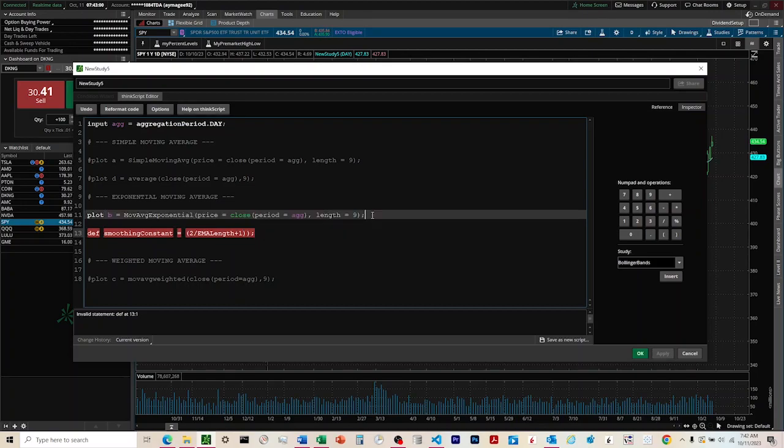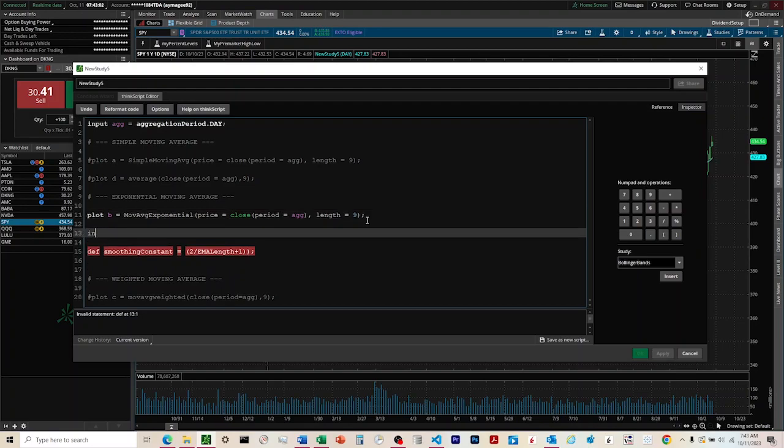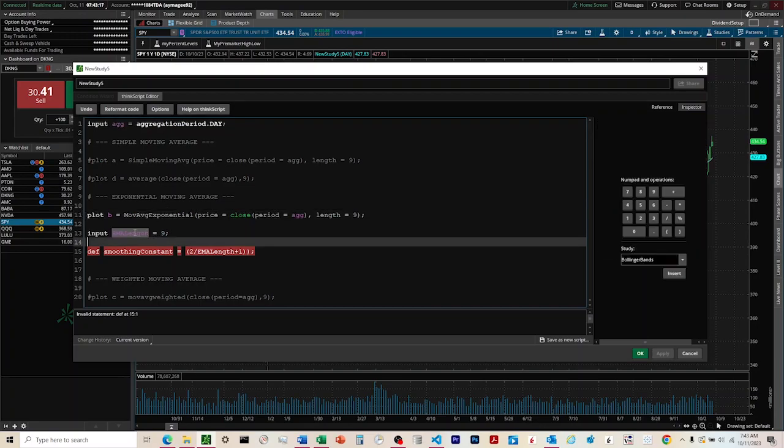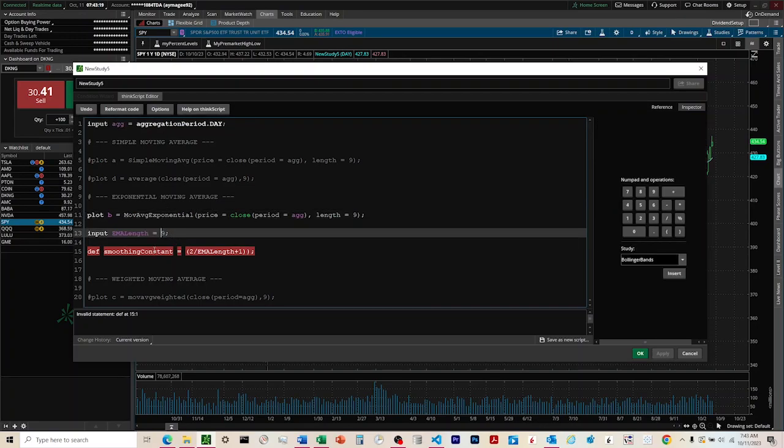Now we need to define the EMA length. So we'll define that with an input. That's going to be 9, and that represents what this is right here in this formula. So we're just saying we want the 9-day EMA.